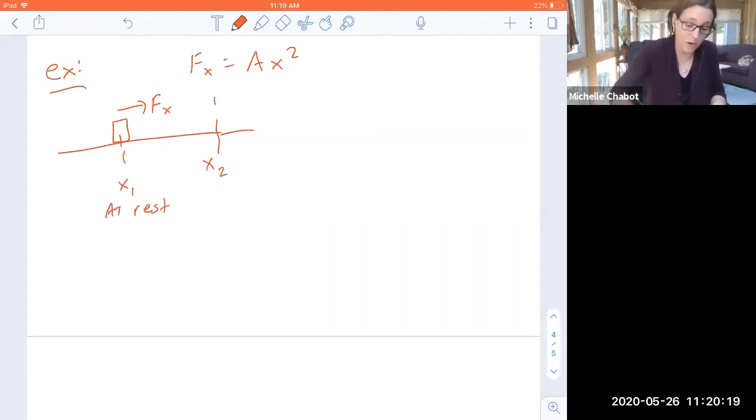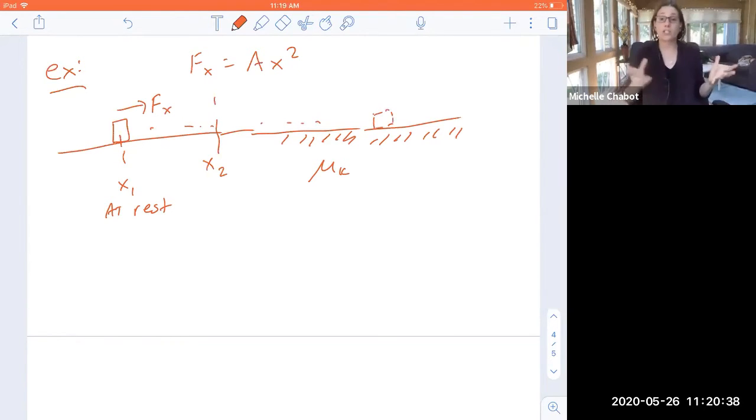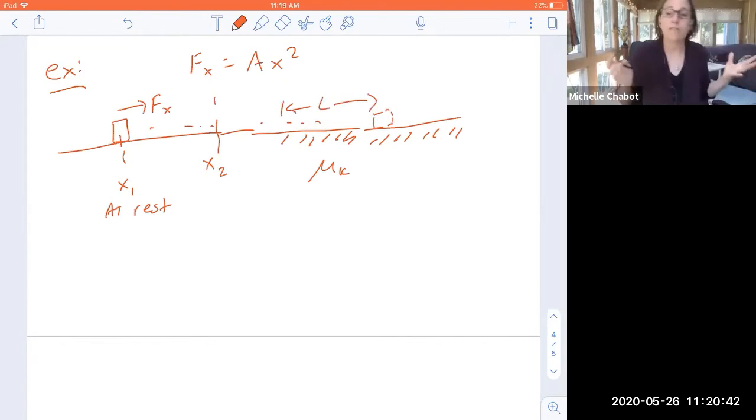After the force stops acting, it travels through a rough patch with some coefficient of kinetic friction mu sub k, and eventually it comes to rest. The question is, how far does it travel through the rough patch before coming to rest?